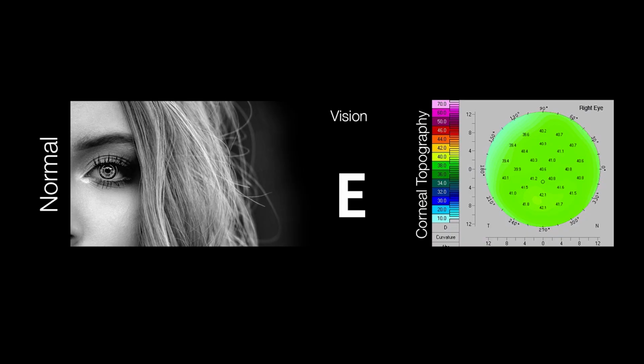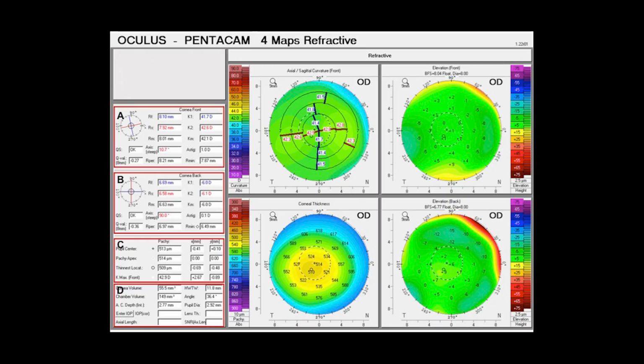So tomography is where we look at the front and the back surface of this cornea, and normally you'll see a display on the doctor's computer screen. There will be 4 maps, and the one will look at how steep the cornea is.